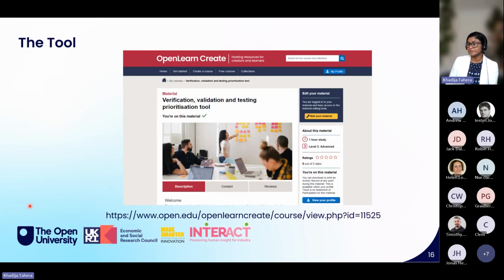Before I go to the live version of the tool, there are a few things I need to clarify, as I did at the beginning. This is a demonstration tool. This is an academic developing a tool, so it's not a commercial tool, and there will be some limitations. There are two purposes for the tool. One is taking you through the steps, so you see what steps we probably take.